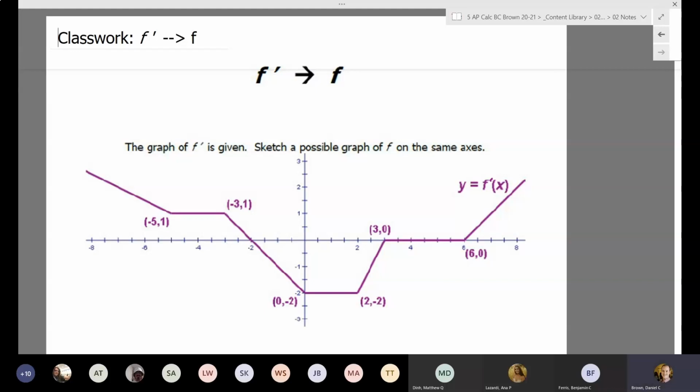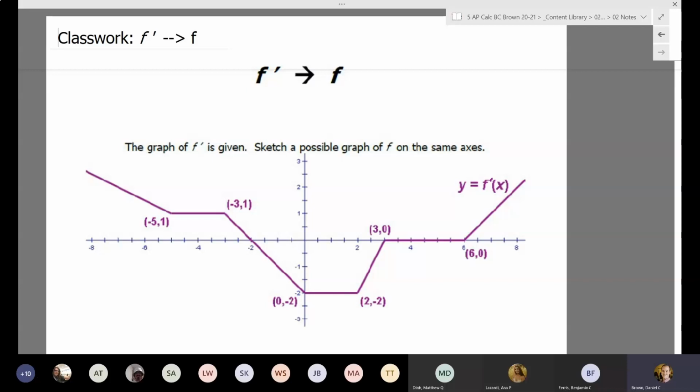Now, some things about moving backwards. When you're looking at the graph of f prime, if you remember that chart we filled in, if I just give you information about f prime, we don't exactly know where the function is. It could be above the x-axis, it could be below.